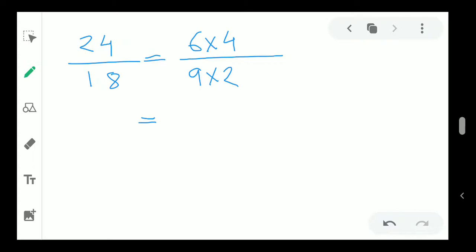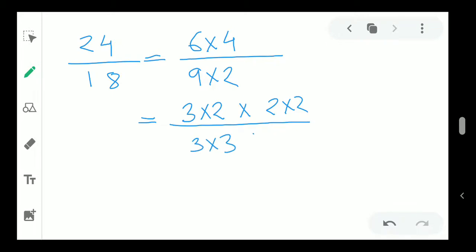We can see that the same numbers are not there, but it can be split more. Now look at the 6, we know that 6 is made up of 3 and 2, 3 2s are 6, so instead of 6 I am writing 3 into 2. Instead of 4 I can write 2 into 2, 2 2s are 4. Instead of 9 I can write 3 into 3, 3 3s are 9, and 2 is a prime number, so I will write like this.